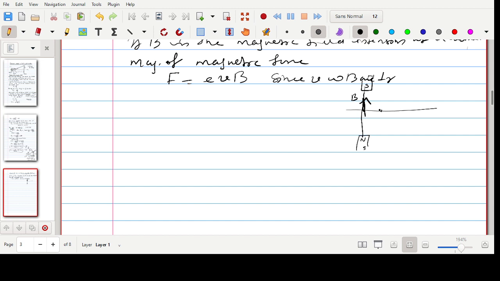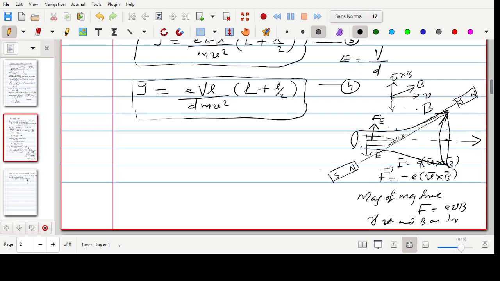So when I take a point somewhere here, the velocity of the electron is along the x direction. This is the x direction, and the upward direction I am taking as y. Then out of plane will be the z direction. So the magnetic field is applied along the negative z direction.